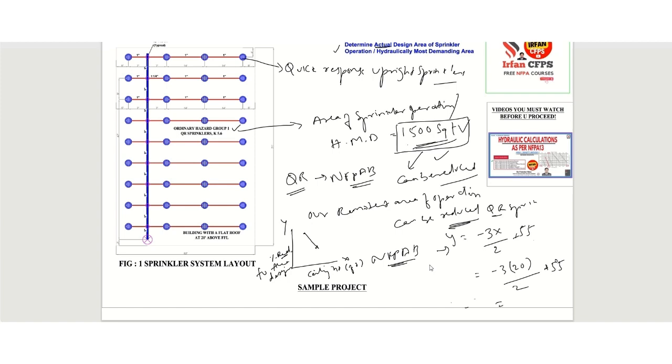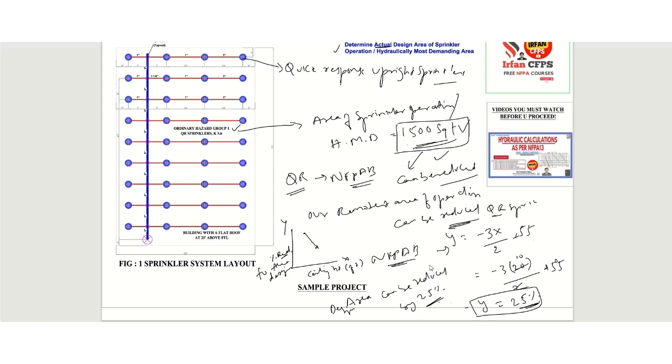It will come to minus 30 plus 55, which is about 25%. So y will be 25%. It means the design area can be reduced by 25% if we consider quick response sprinklers with ceiling height 20 feet.